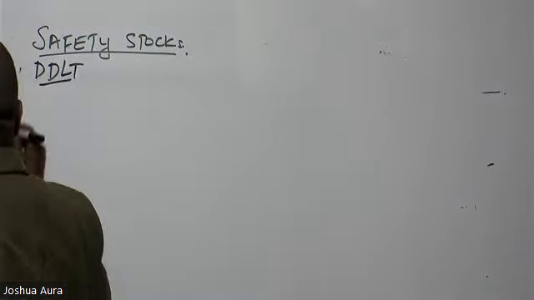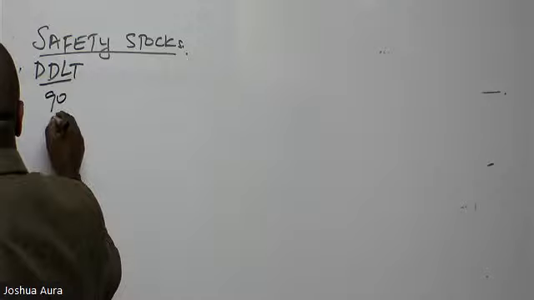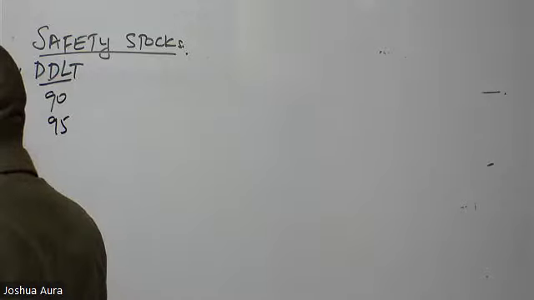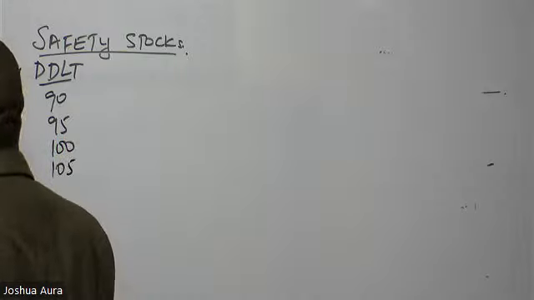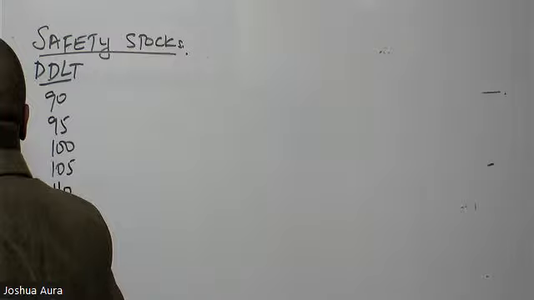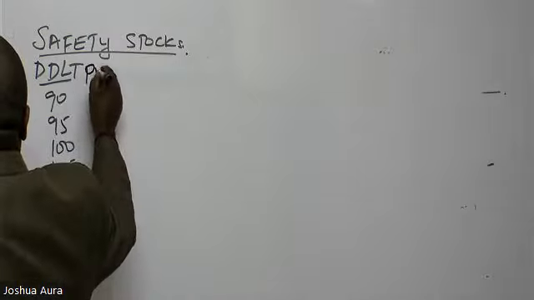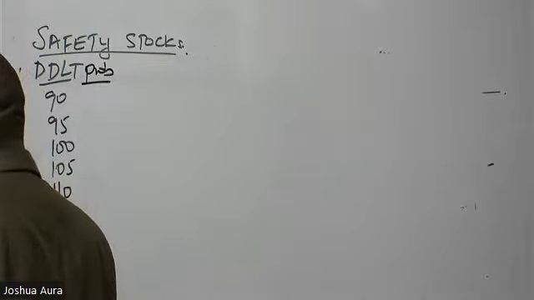DDLT. So we have here 90, 95, 100, 105, 110, 115. And then they've given us the probabilities.